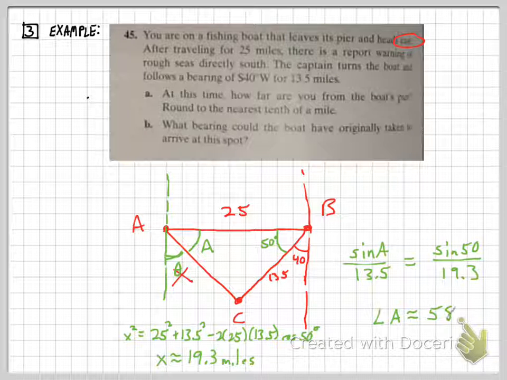Now that's not my answer. Oh, you know what? Sorry, that answer is 32, about 32 degrees. And the angle I'm looking for, theta, would be 90 minus that, which turns out to be about 58 degrees.